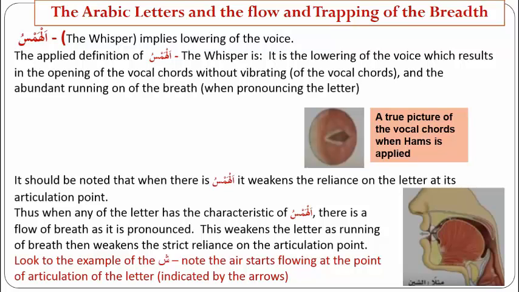It is in the middle of the tongue with what is opposite to it. So the flow of the breath starts from there. Try it. Ash, sh. It starts from right there, and it comes out from the tongue. So the flow of the breath starts from the articulation point of the letter and not from the vocal cords. Okay.